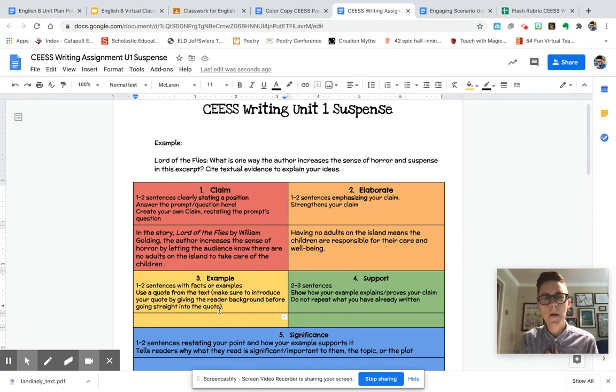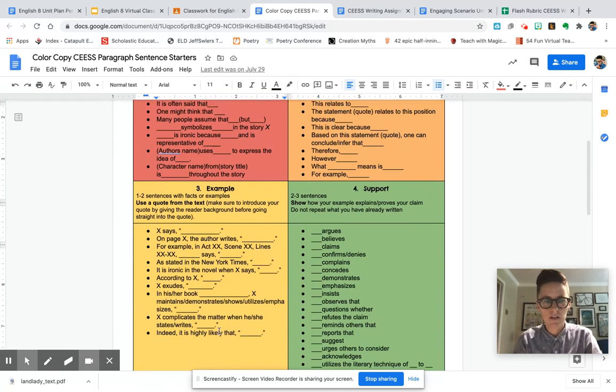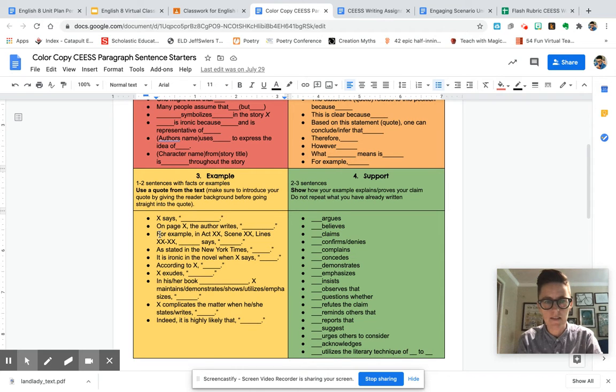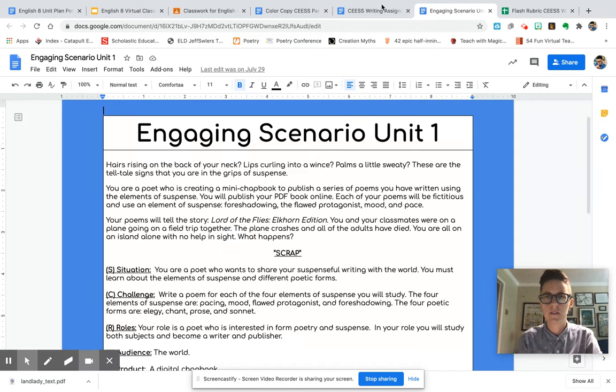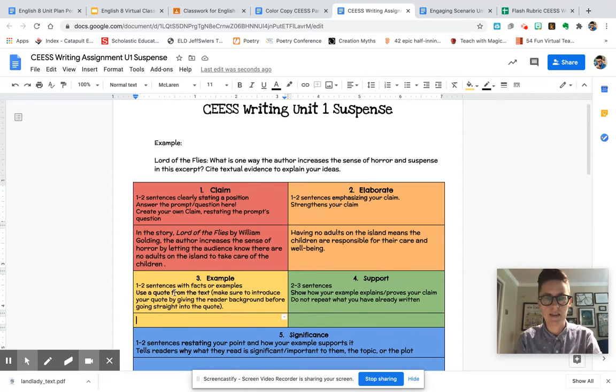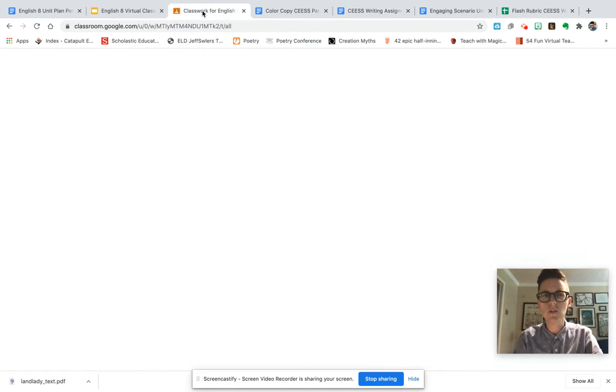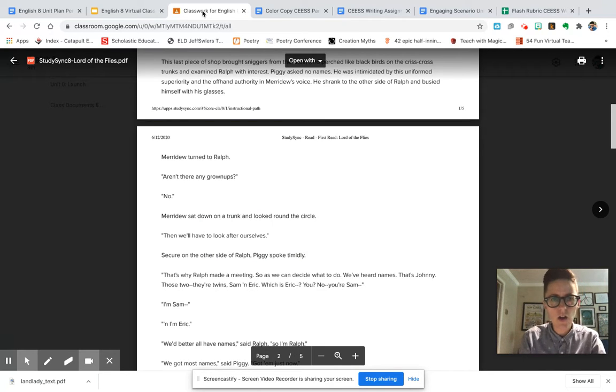So I'm going to come back over here to example. And I'm going to say, look over here. X says on page X, the author writes. I have all these that I can use. I'm going to use the X says. So X here is Meridew says to, I don't quite remember, so I'm going to go back and look.